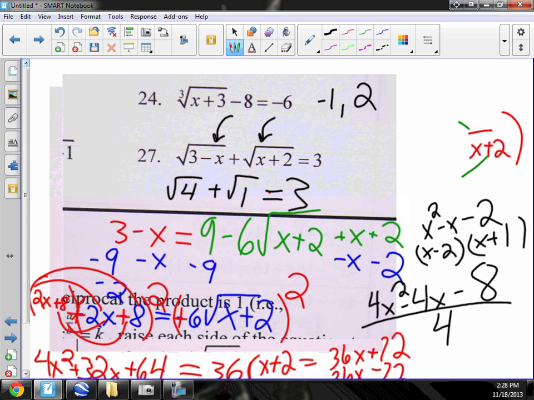So now I plug in 2. 3 minus 2 is 1, so the square root of 1 plus the square root of 4, does that equal 3? Yes, so both of these are actually solutions. They both work.